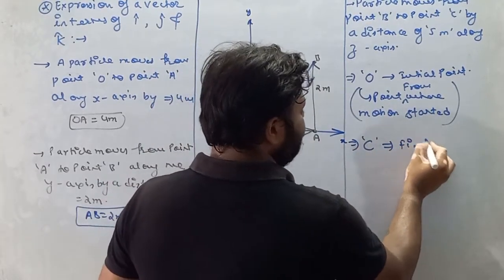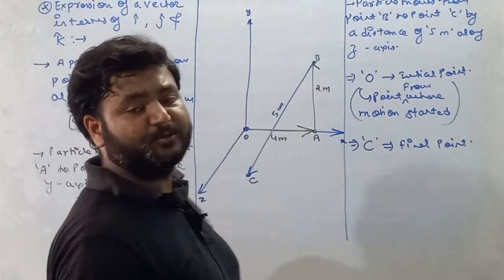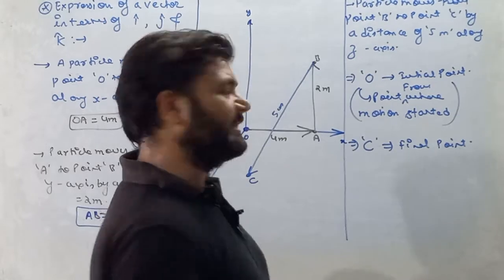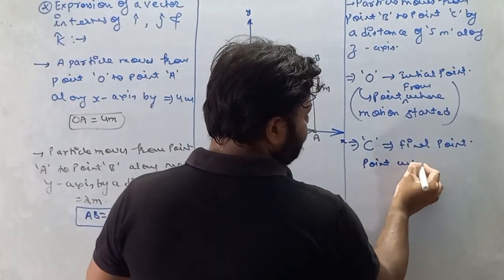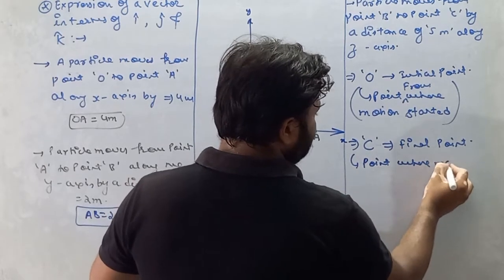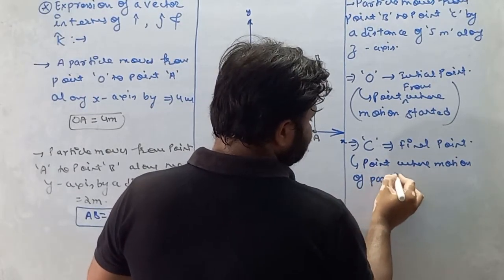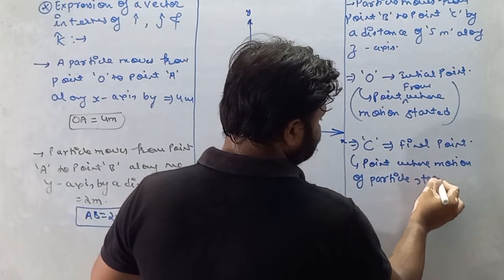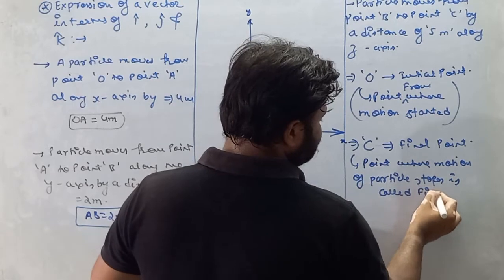What is the meaning of final point? The point where motion of the particle stops is called final point.